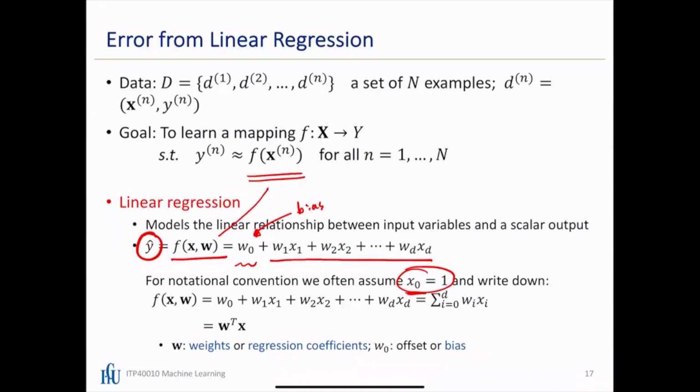And by assuming this, you can write down this shorthand notation, where the sum starts from 0 and goes to D. And since x0 is always 1, w0 times x0 is representing the bias term. So within this shorthand notation, you're going to represent everything, where it is the sum of your input and your bias term.